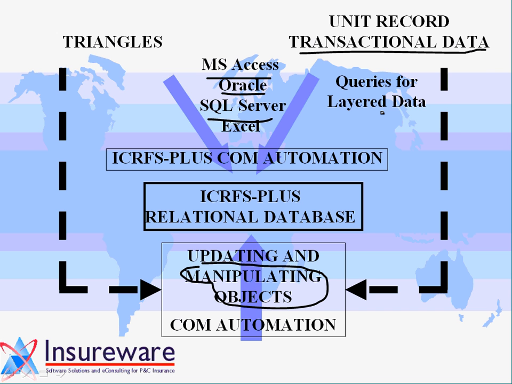So the COM automation, again, can be used for performing a lot of other functions, updating, manipulation, and also report writing, and sending any output you like into any other COM-enabled software. All Microsoft software packages, as far as we know, are COM-enabled, so you'll be able to send any output you like, in any format you like, any pre-specified format, into any other application.